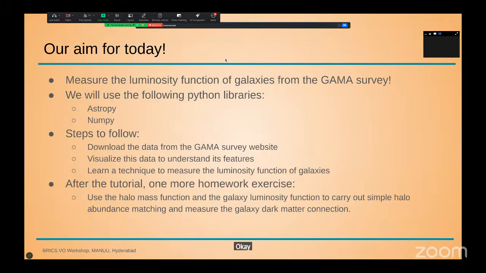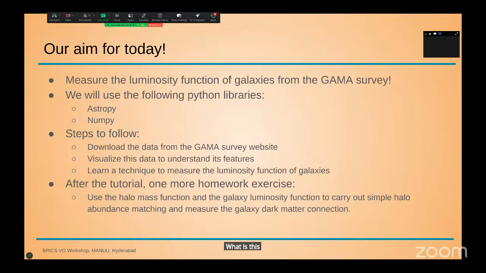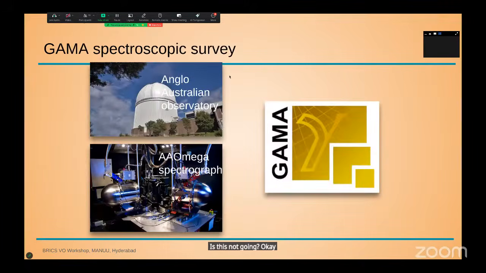Okay, so I told you what our aim for today is going to be. Sorry, I had to give this background of cosmology in order to get towards our aim. What you are going to use is the GAMA spectroscopic survey.